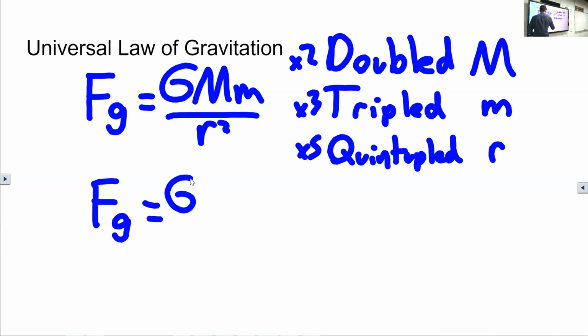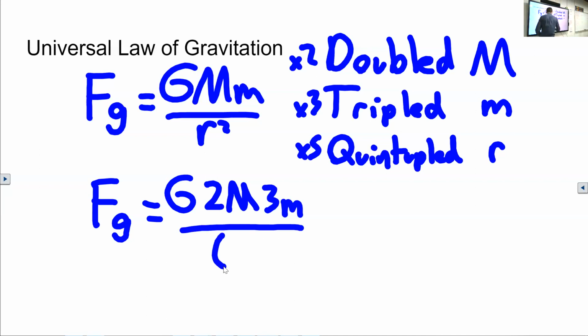So G, big M would be double M, and then tripled little m, so 3 little m, over, in parentheses, 5r squared. Whenever they give you a change like this, and now we're going to double the radius, or now we're going to triple the smaller mass, what you do is plug in the numbers with the letters, and then pull out all the numbers.